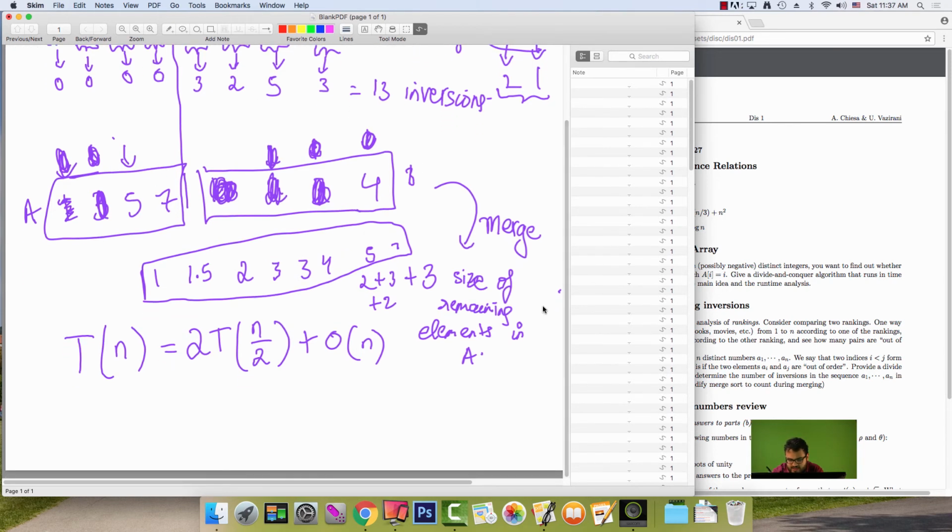And just to recap, our final algorithm is: if taking an element from A, this means that there were no inversions.